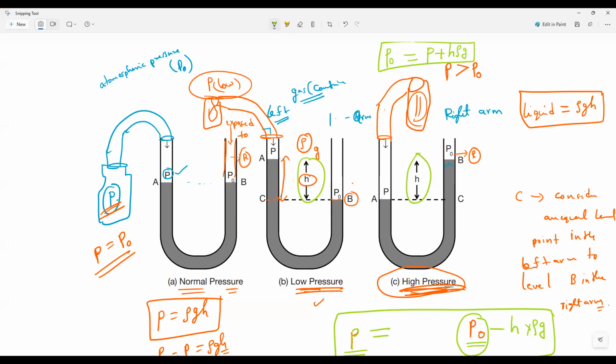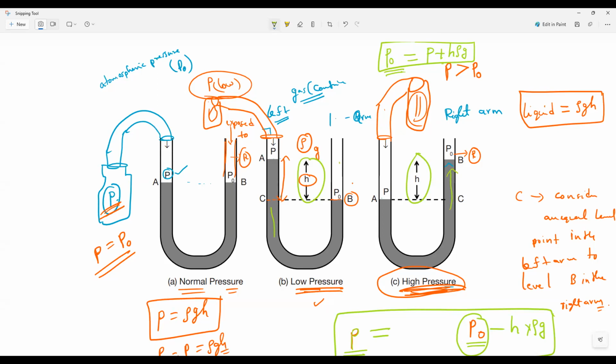So remember, basically, this is the formula. If the pressure of a gas is more than the atmospheric pressure, then this is the formula we can use: atmospheric pressure is equal to pressure of a liquid plus rho GH. If the pressure of a gas is more than the atmospheric pressure, then the liquid in the left arm will rise. If the pressure in the gas is less than the atmospheric pressure, then you can notice it.